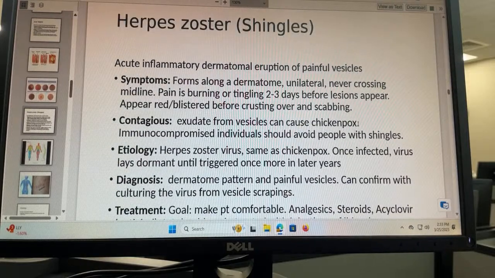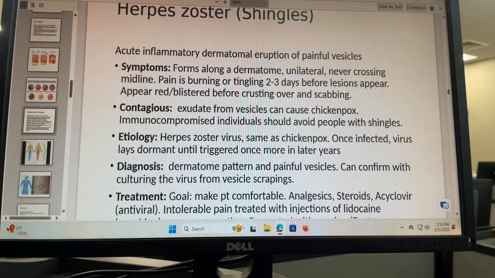All right, we've talked about this one already when we were in the immune chapter, a couple units ago: herpes zoster. But it's come up again in the skin because it is a skin disorder. Herpes zoster is a viral infection. It's the same virus that causes chickenpox. If you remember, the virus causes chickenpox when you're a child.